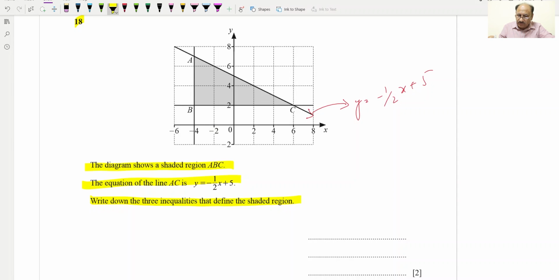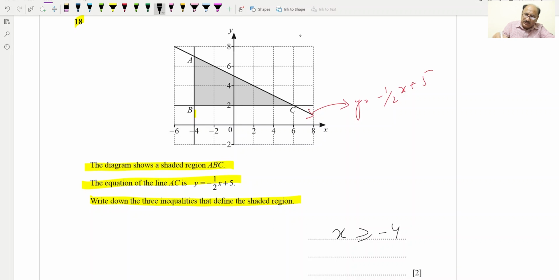So for the shaded region, one thing is X is greater than 4, which will be this region. So one inequality we can take is X is greater than or equal to, because it is a solid line. If it is broken, we take only the inequality. So one inequality will be this one.